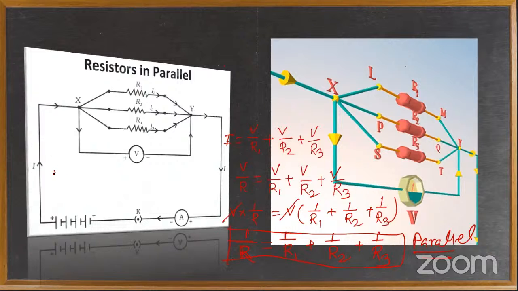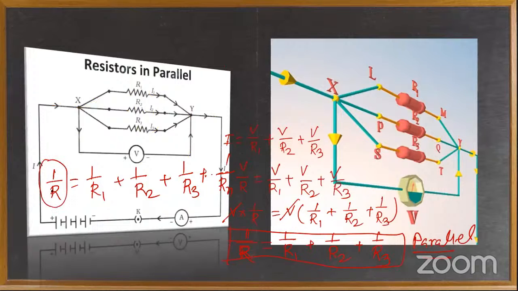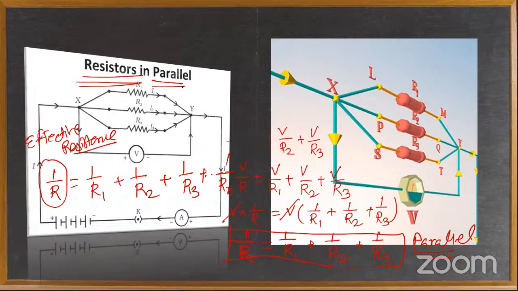Okay, what is my equation? 1 upon R is equal to 1 upon R1 plus 1 upon R2 plus 1 upon R3 and so on. However many resistances there are, I am putting 1 upon Rn. For any number of resistances in parallel, I can calculate the effective resistance this way. That is, 1 upon R is the total resistance we are getting, that we are calling the effective resistance.